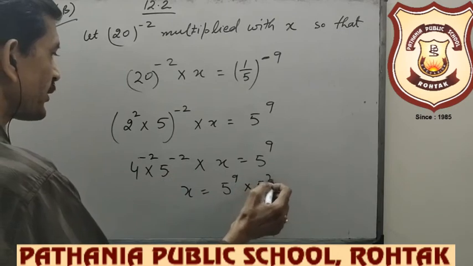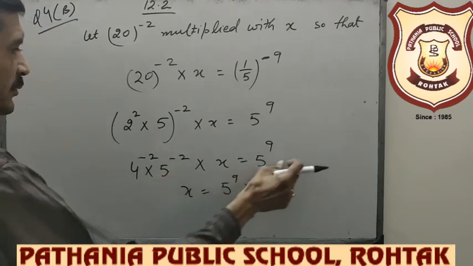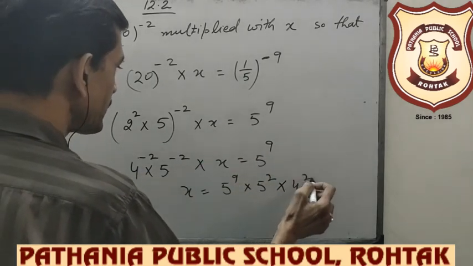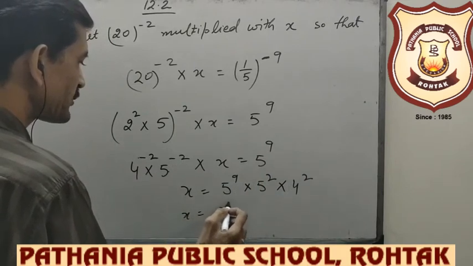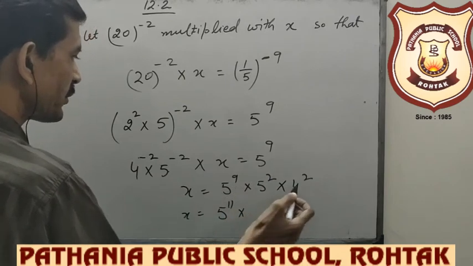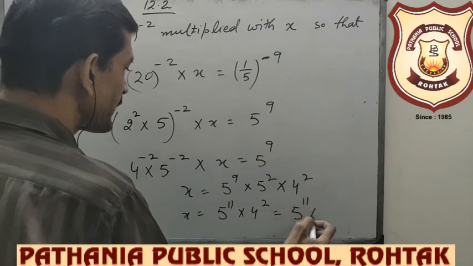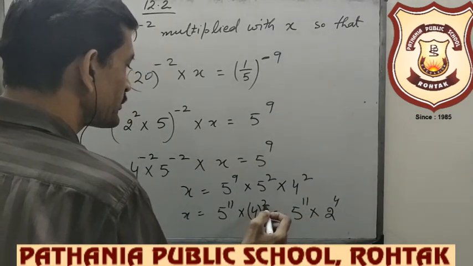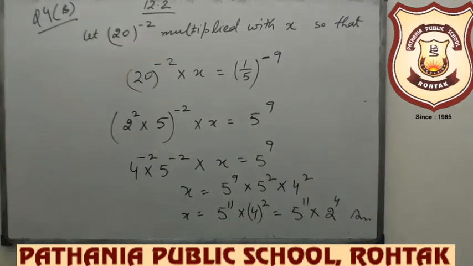x इज इक्वल टू क्या हो जाएगा 5 raised to the power 9, ये इंटू 5 raised to the power 2, ये बेटे 1/5 है ना ये, तो ये इधर जाएगा तो मल्टीप्लाई हो जाएगा, ये दिस ऑल्सो इंटू 4 raised to the power 2, तो x इज व्हाट 5 raised to the power 11, 9 और 2, और ये 4 raised to the power 2, और यू कैन राइट 5 raised to the power 11 into 2 raised to the power 4, because 4 is what 2 square, तो दिस इज द आंसर। Or you can write this one.